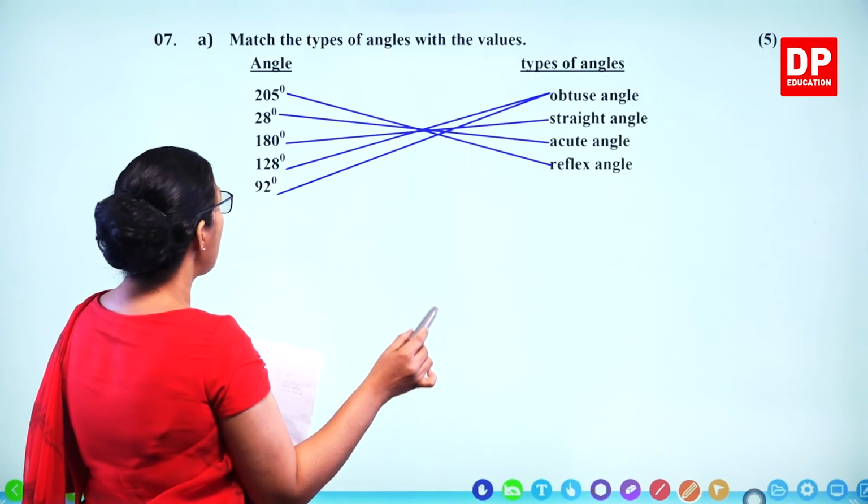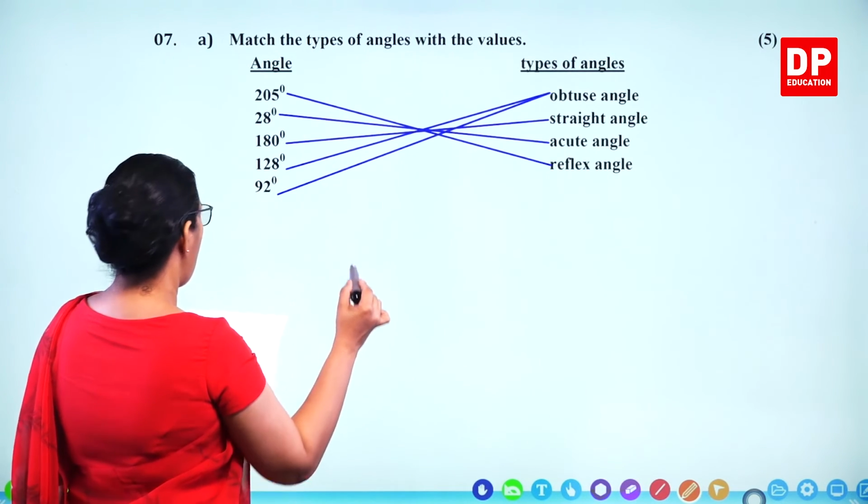So you get 5 marks. So 5 values, 5 marks.